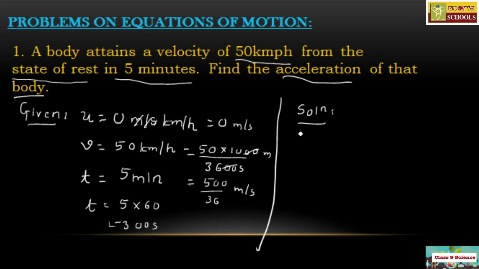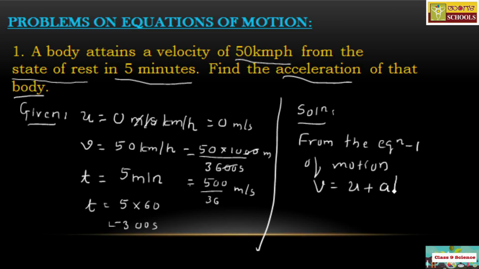From the first equation of motion, equation number 1, you take it. So what is it? V equal to U plus AT. Okay, V equal to U plus AT. We want acceleration, therefore I am writing it for acceleration, sending U on this side.